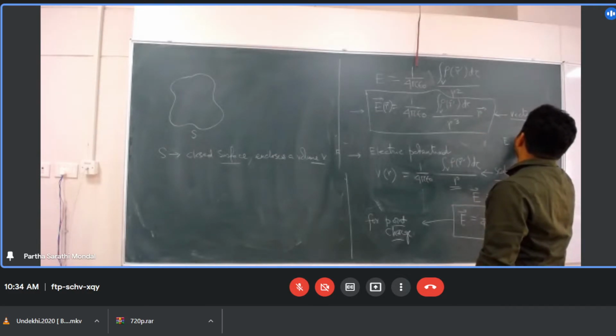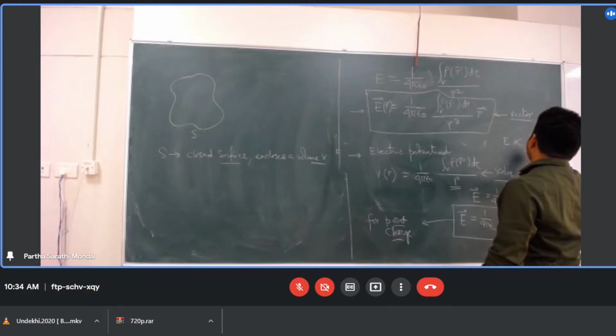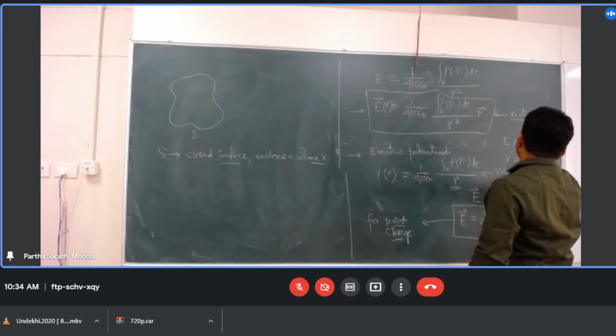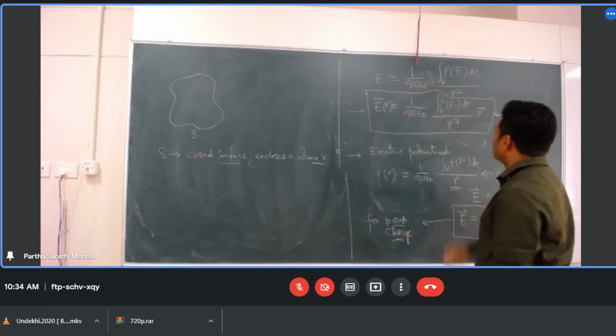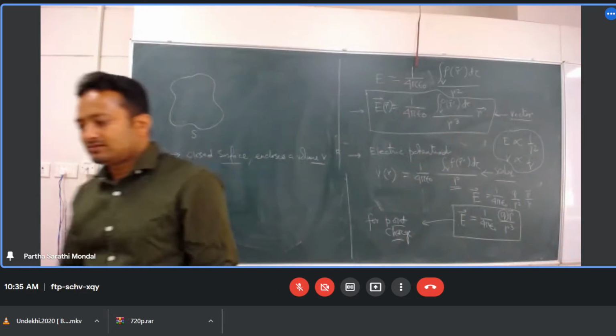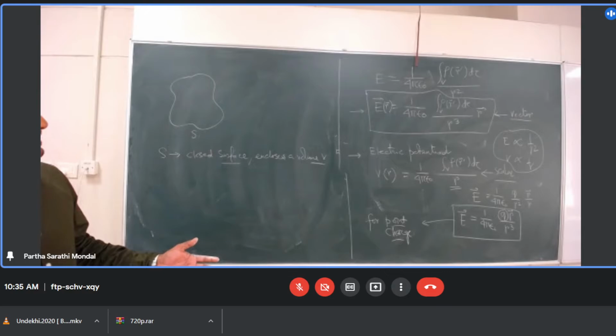Actually, electric field is proportional to R square. Electric potential is proportional to R. ये तो आप लोग क्लास में पढ़े हैं ना, हैं? वही मैंने लिखा है.